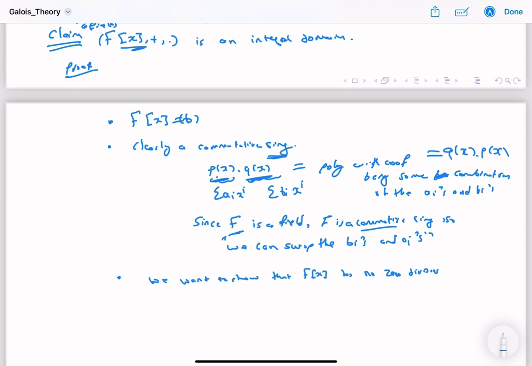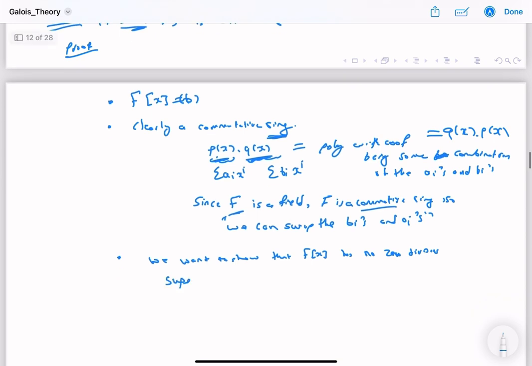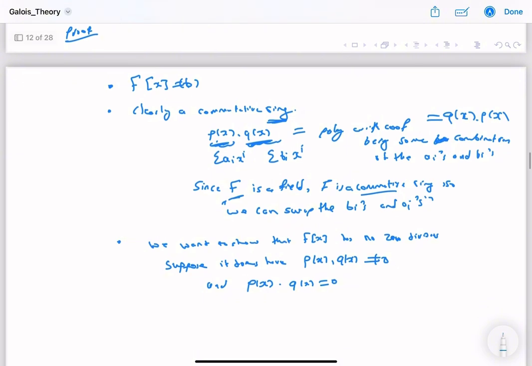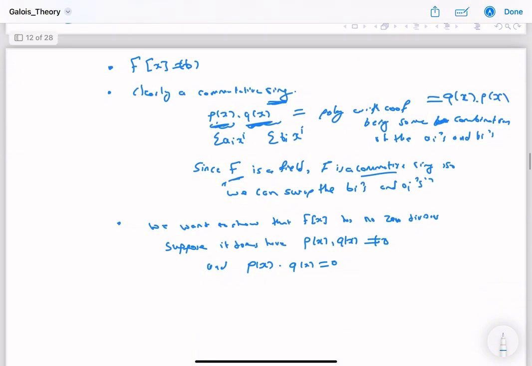But why is that the case? Well, suppose it does have zero divisors. Let's call them p of x and q of x, both not 0, and p of x times q of x is equal to 0. So let's suppose that, and let's derive a contradiction.